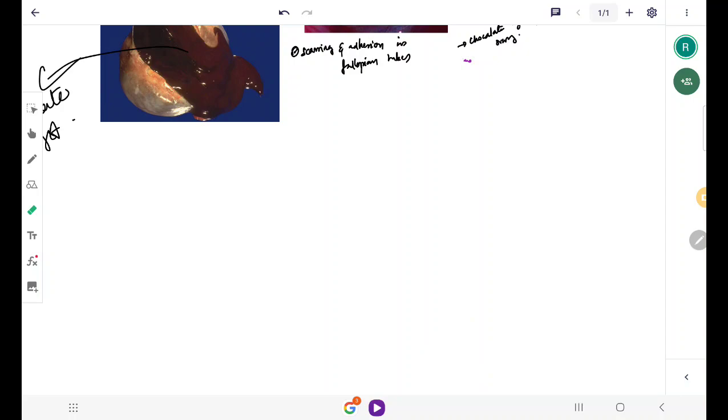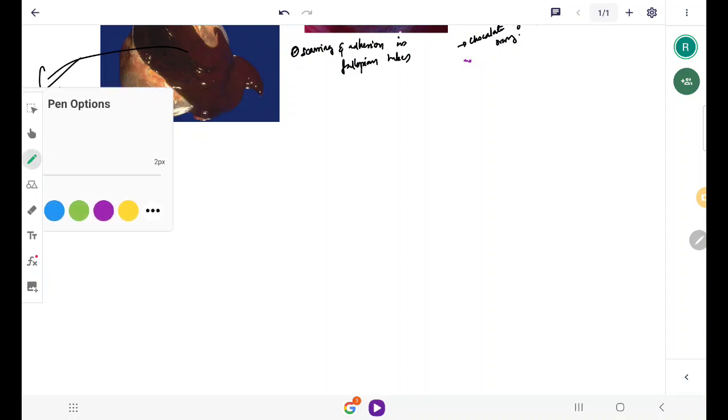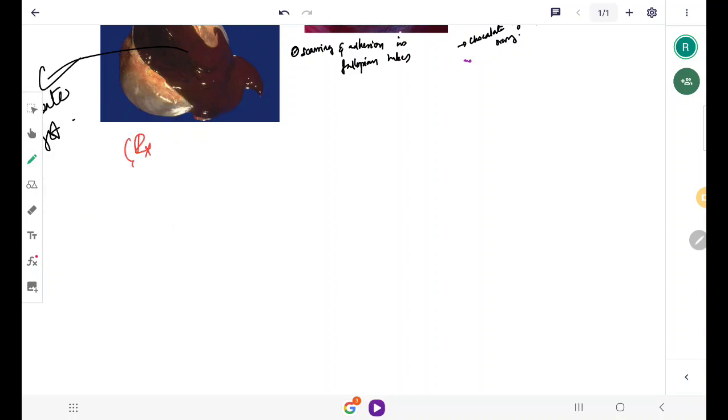So next, we'll study about the treatment of endometriosis. So speaking about the treatment, the first line treatment is surgery. Surgery is the first line treatment.